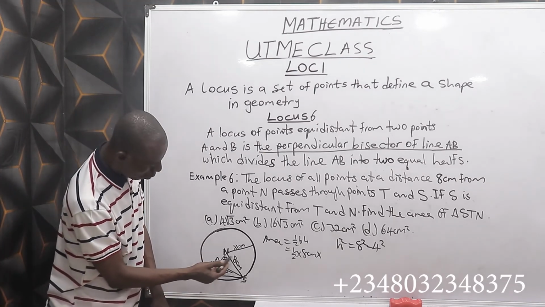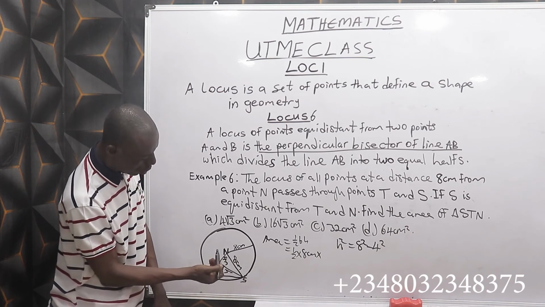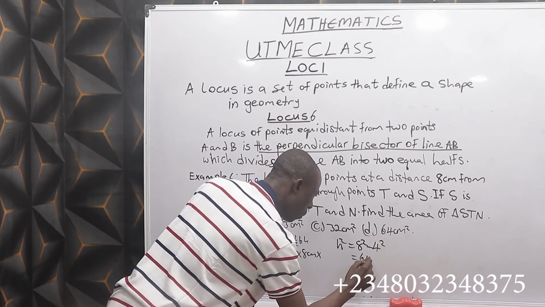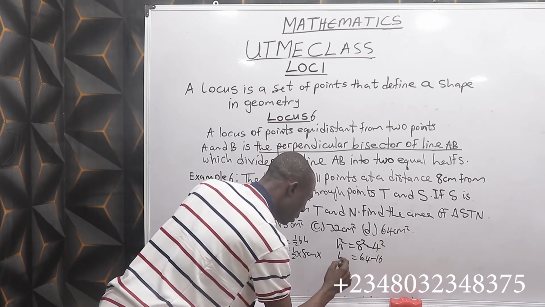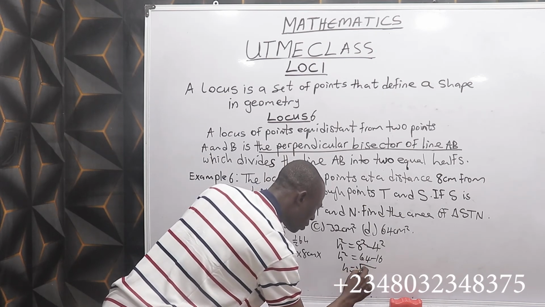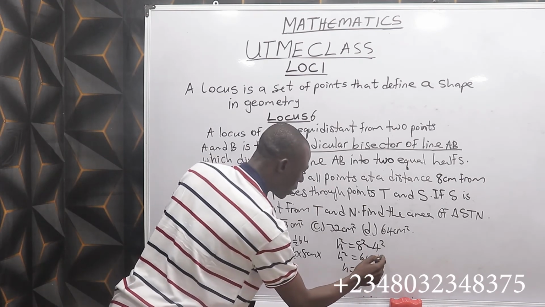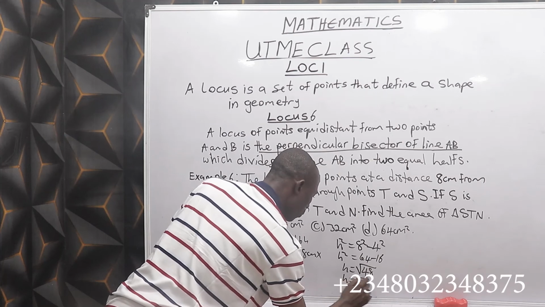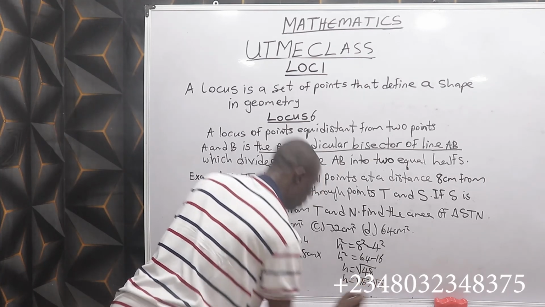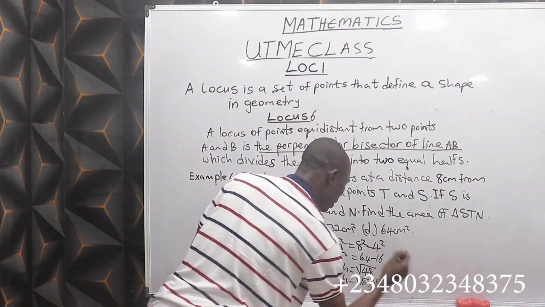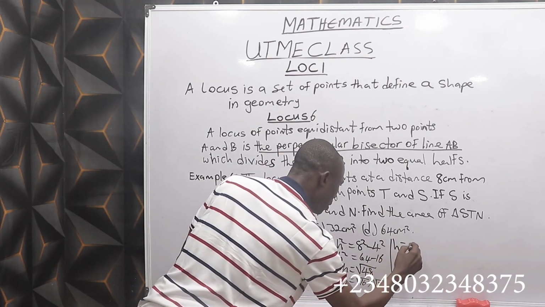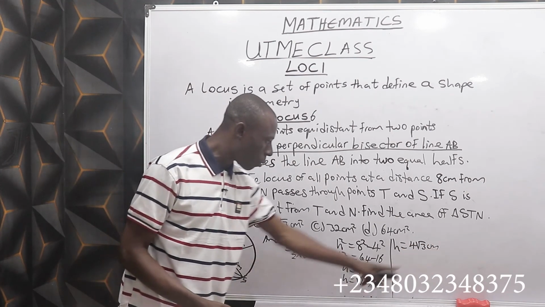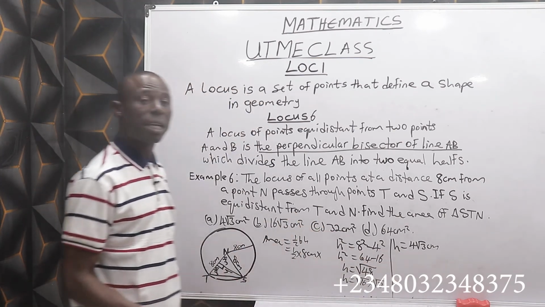Using Pythagoras rule to find the height h, that gives 64 minus 16. h square is 48. h now will be square root of 48, which is square root of 16 times square root of 3. Square root of 16 is 4, times root 3. So h is 4 root 3 centimeters.